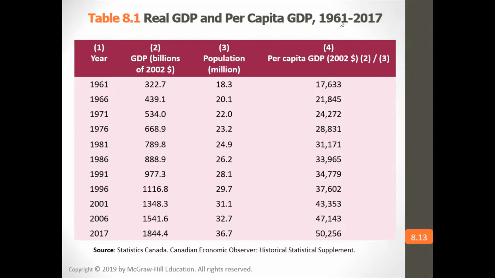So what you would do for per capita GDP is 256 minus 17,633, divided by 17,633, times 100. That's how you do the growth for that one. And then the growth for the population would be similar.